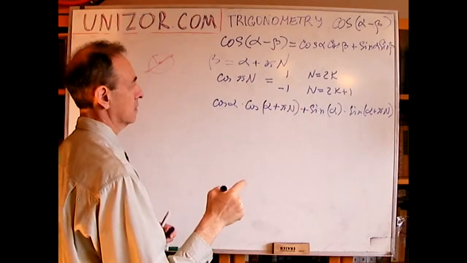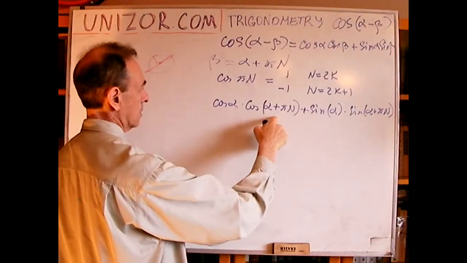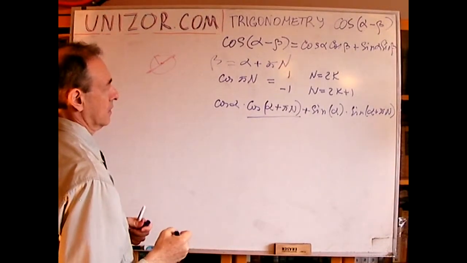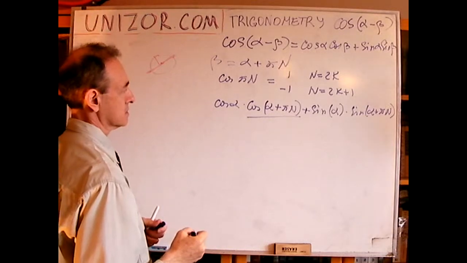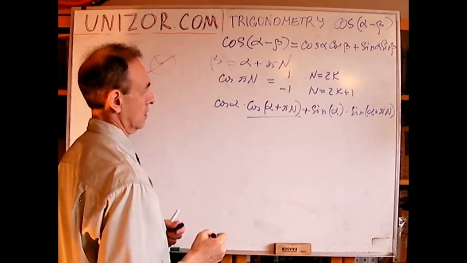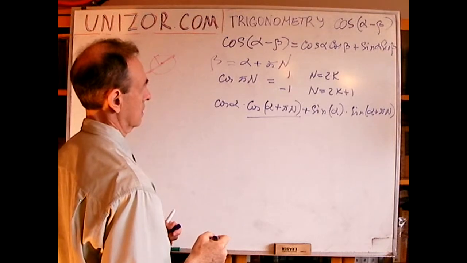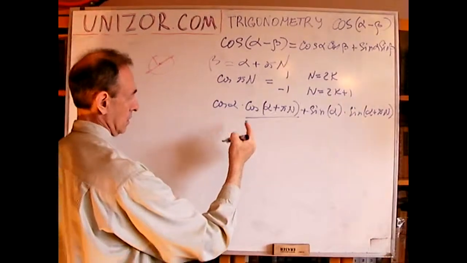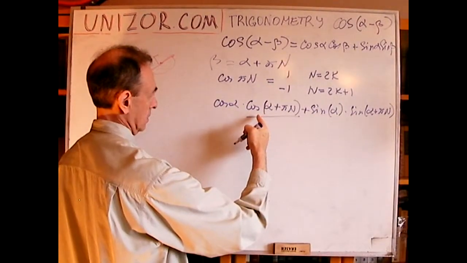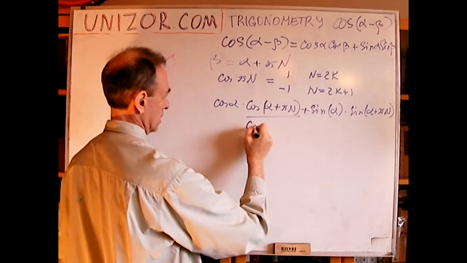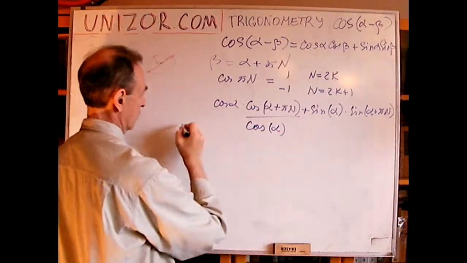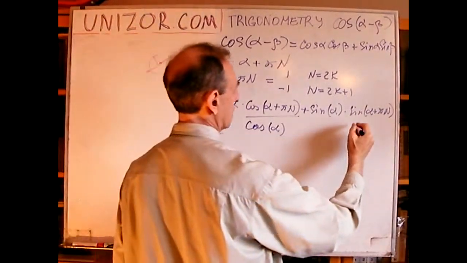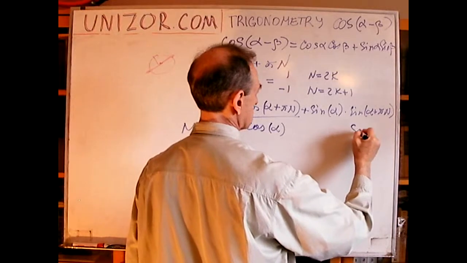Now, for n even, for n equal to 2k, this would be the same as cosine alpha, and this would be the same as sine alpha.